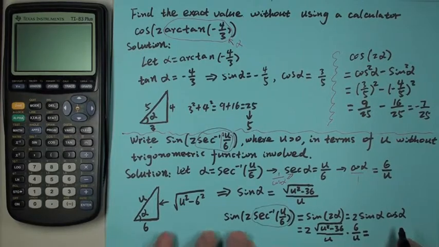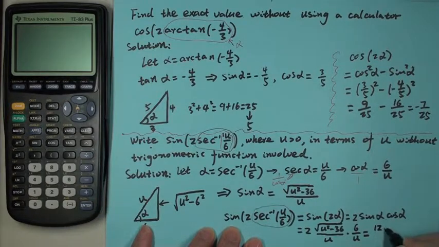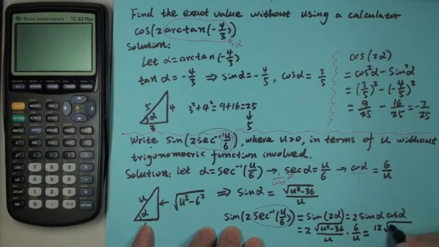Okay, and then 2 times 6 is 12, and then the numerator is radical u squared minus 36, and downstairs is u times u, which is u squared.